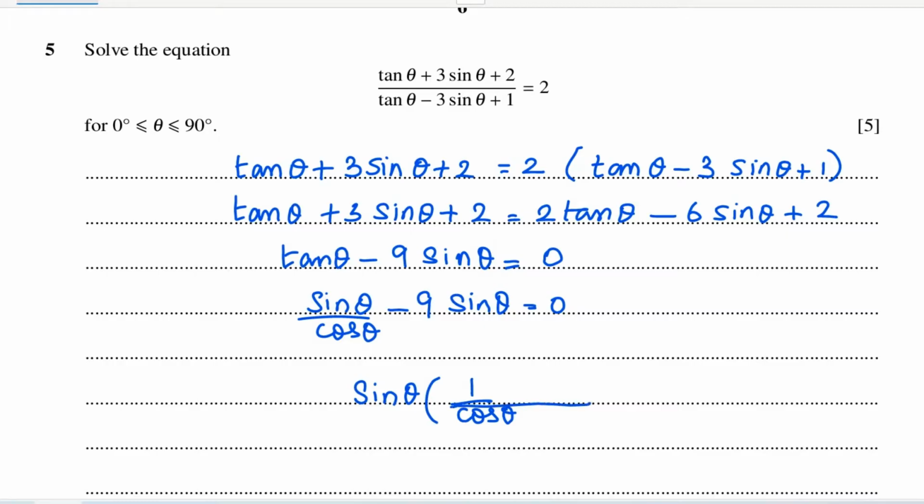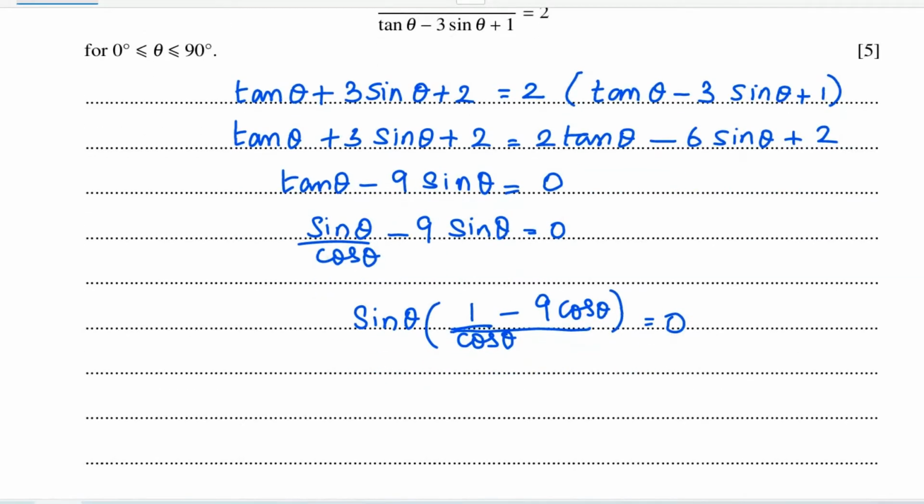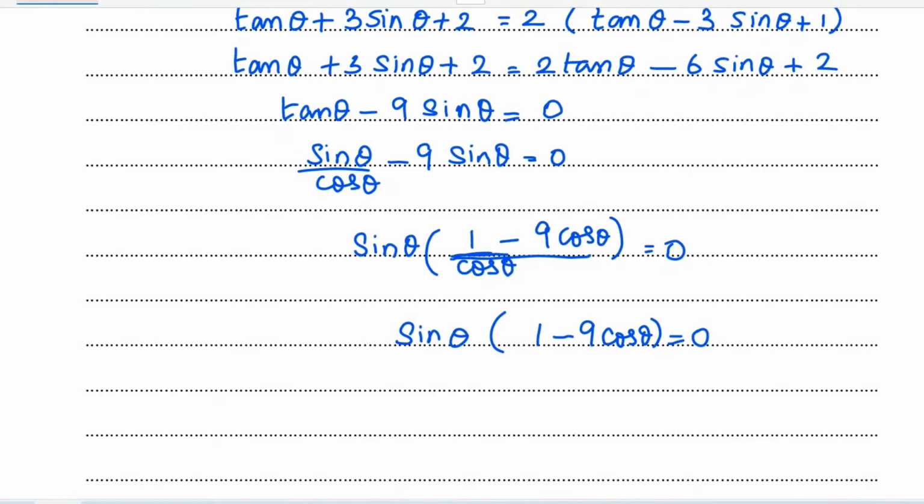So we can take this commonly, minus 9 cos theta equal to 0. Or we can write this as sin theta multiplied by 1 minus 9 cos theta equal to 0. So sin theta equal to 0 or 1 minus 9 cos theta equal to 0.